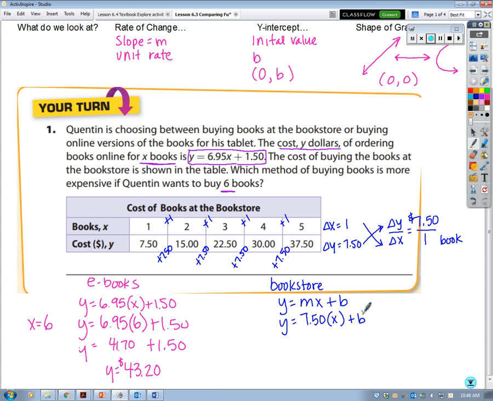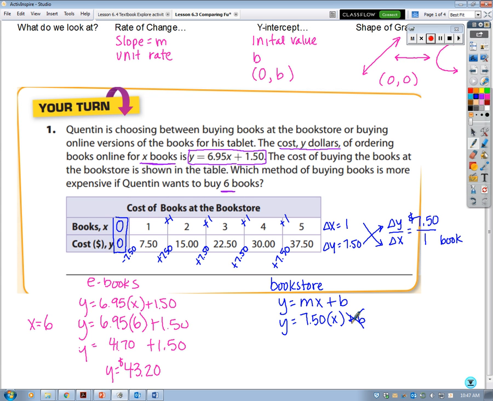So the next thing we need to do is determine if there is a y-intercept, if it has an initial value, and so we just work backwards and find out what the value of y is when x is 0. When you have 0 books, do you have an initial cost? Based on this pattern, we're going to subtract 750, and that gives us a 0 also. So this tells us that there is no initial value. When x is 0, y is 0.